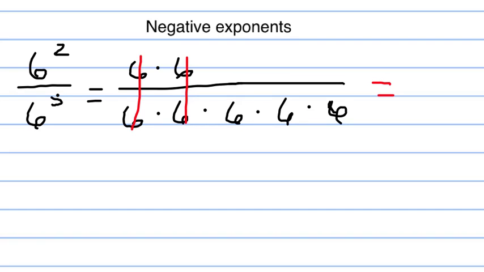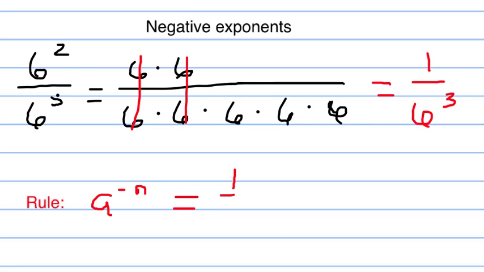So I actually have 1 over 6 to the 3rd power. If you look at the rule, whenever I have a negative exponent, that base needs to be written as a fraction. So if I have a to the negative nth power, it actually is 1 over a to the n power.